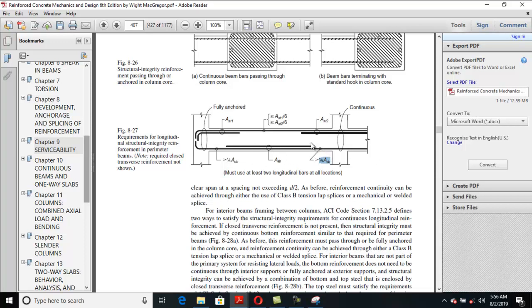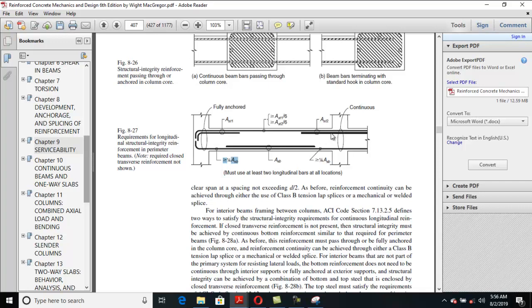For example, if there are 8 bars, you need to continue a minimum of 2 bars, and this continuous area must be equal to or greater than 1/4 of this area. If here you are providing 4 square inches of area, there you need to provide 1 square inch. Okay, so this is one criterion. This is another criterion, important for structural integrity. Similarly, they say that there must be some bars.